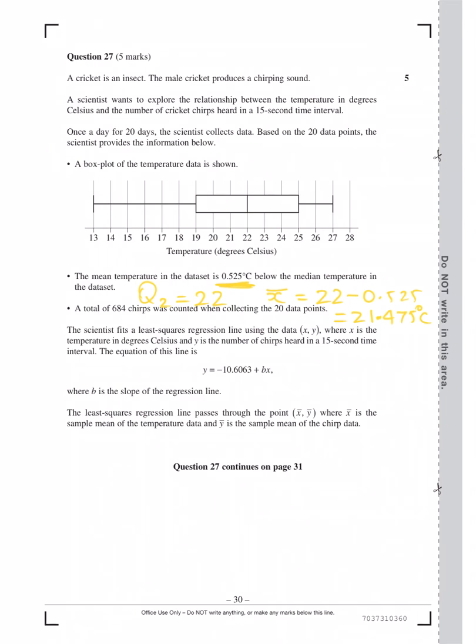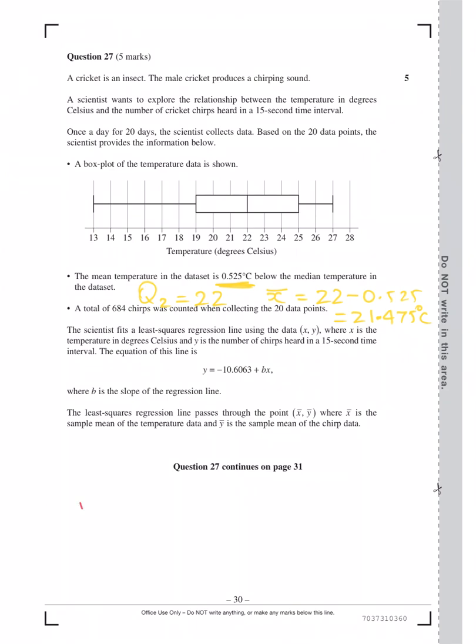I've got my mean. Now, I've also got a total of 684 chirps that was counted when collecting the 20 data points. This next piece of information here says that I've got 684 chirps that were counted across the 20 data points. So I've got 20 days, 684 chirps have occurred.